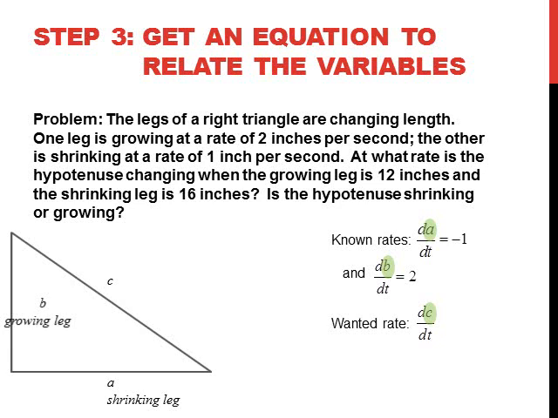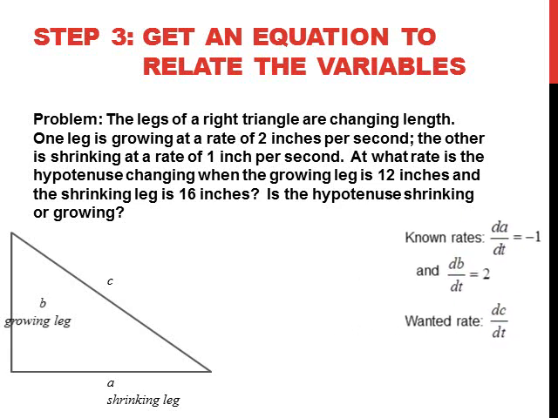In this case, we need an equation that relates A and B and C. Fortunately for us, this is a right triangle, and there's a very familiar relationship between the side lengths of a right triangle. The side lengths of a right triangle are, of course, related by the Pythagorean equation a squared plus b squared equals c squared.